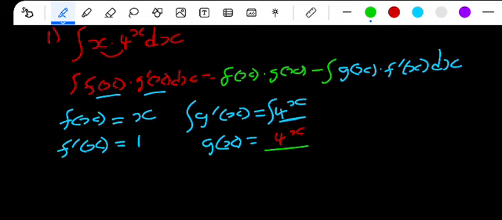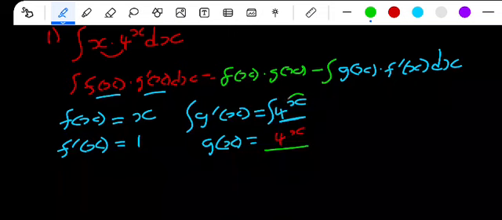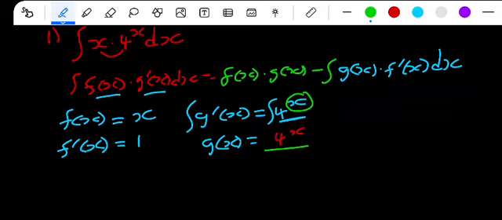You multiply on the bottom by the derivative of x, which is 1. So 1 multiplied by ln won't change anything. Then you write what you have on the base, which is 4. All right, this is what we have.